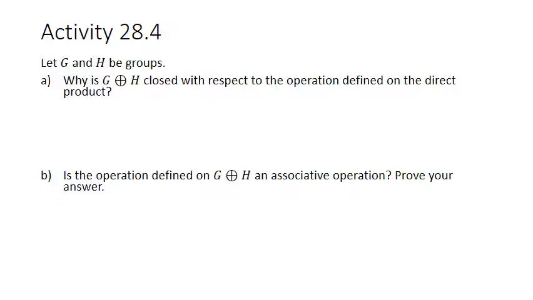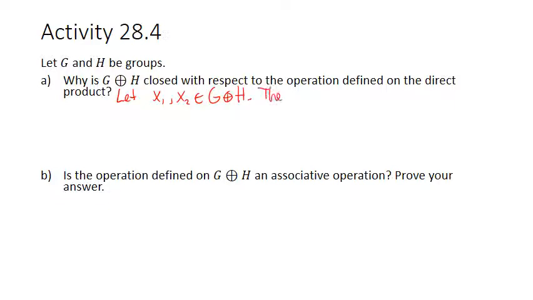Okay, so to show that it's closed, we need to take two elements from this external direct product and show that when we multiply them, it'll still be in the external direct product. Let's call them X1 and X2. So let these be two elements in this external direct product.